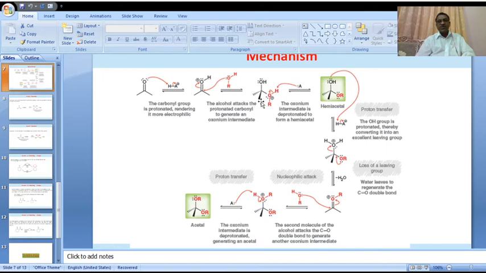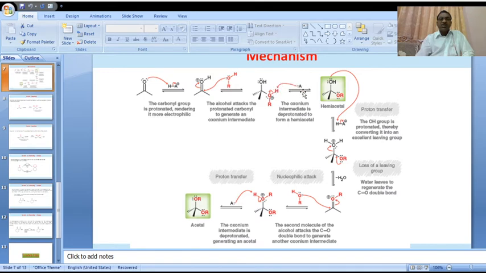This oxonium intermediate is deprotonated to form a hemiacetal. Deprotonation: an extra proton is available on this oxonium ion. This proton is abstracted by A minus. Is it clear?